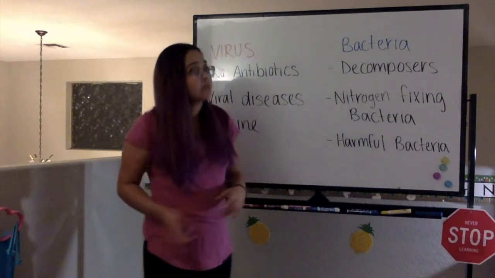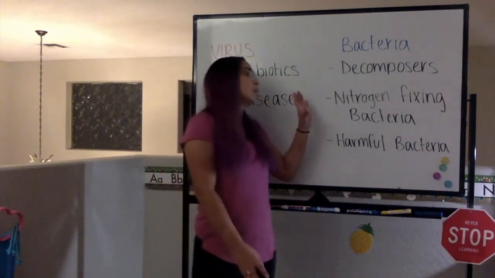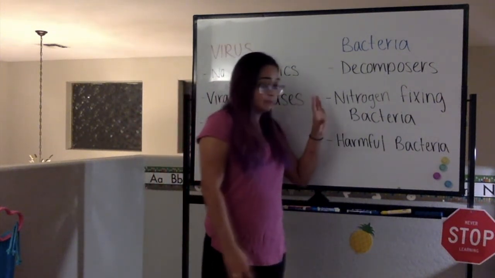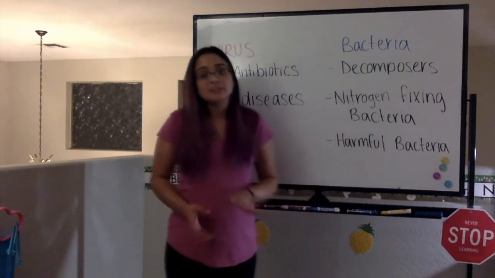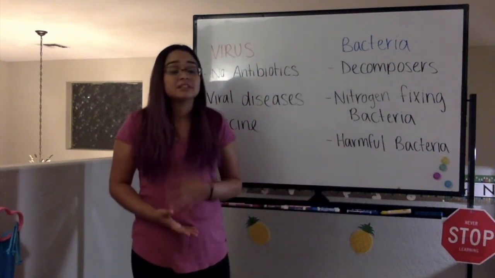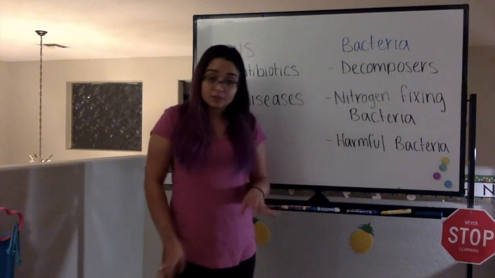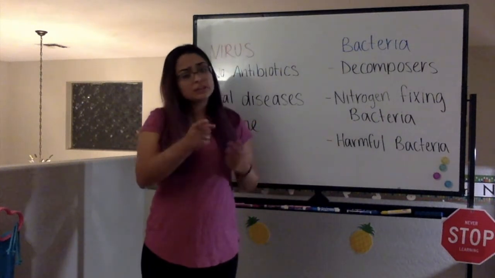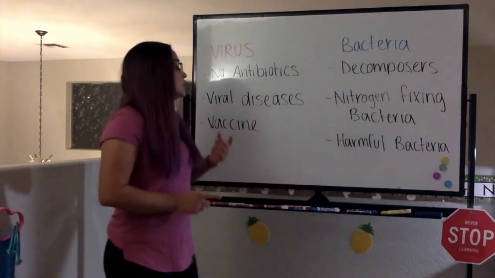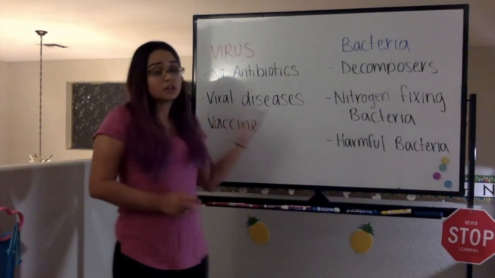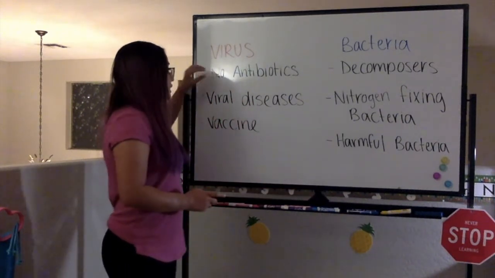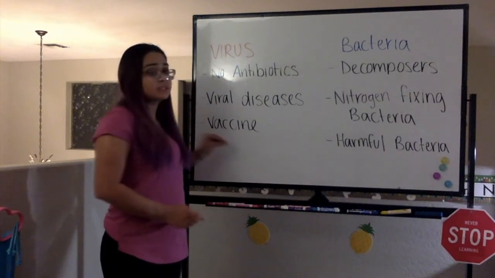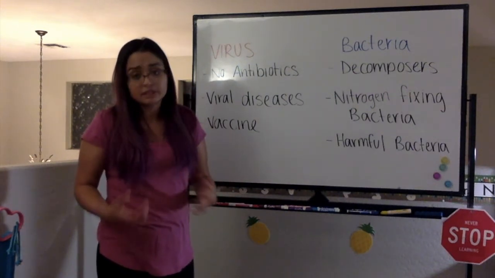Now, like I said, we're going to be talking more specifically on nitrogen fixing bacteria, but for the moment, just know that that is a kind of bacteria that helps plants grow. For your assignment today, I want you to send me a picture of these notes. Now, I know I just have small bullet points, but kind of tell me what I said about each one of them.